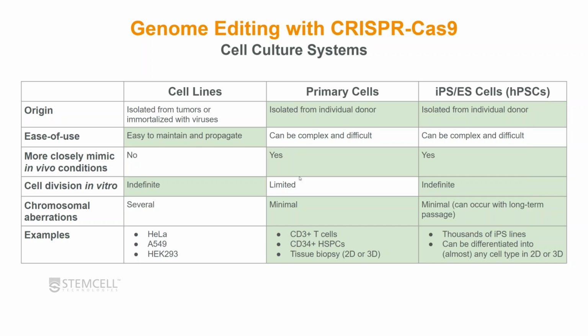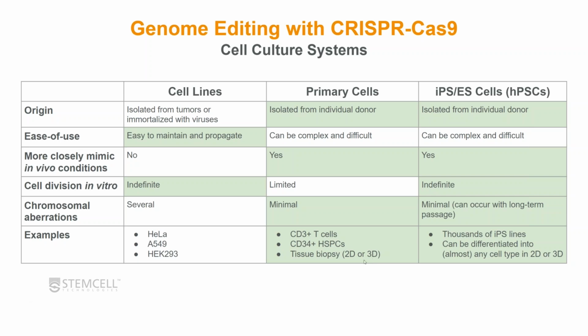They very closely mimic in vivo conditions because they're taken directly from a donor and put into culture. And they have very minimal chromosomal aberrations because of this. Some examples include T cells, hematopoietic stem and progenitor cells, and also tissue biopsies. So you can take, for instance, intestinal biopsies and culture them in 2 or 3 dimensions from human tissue.